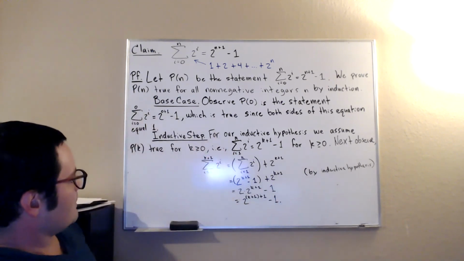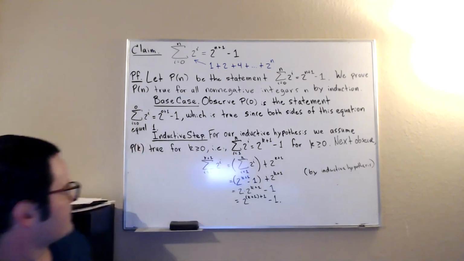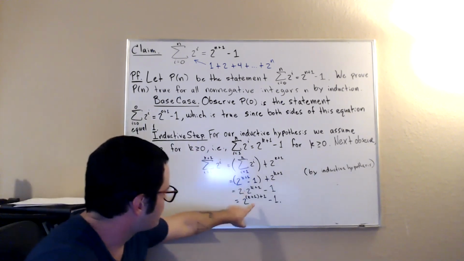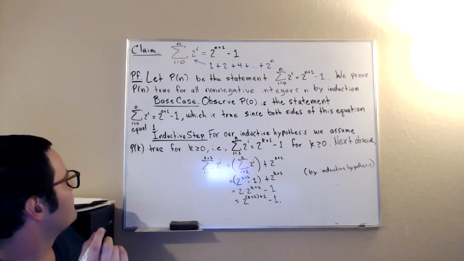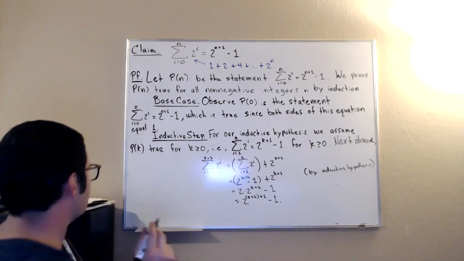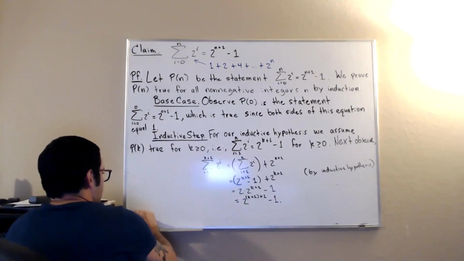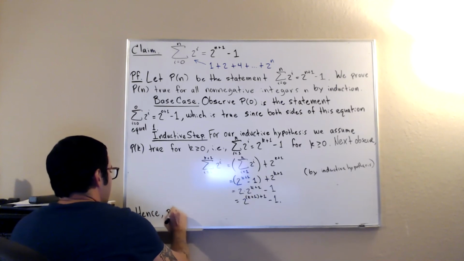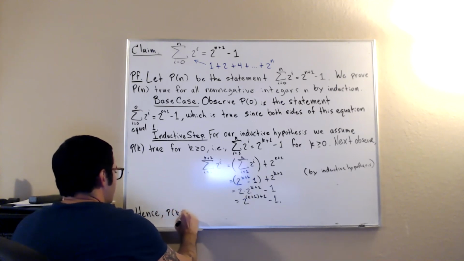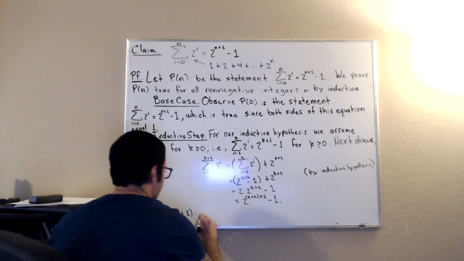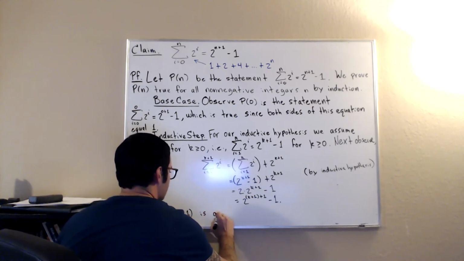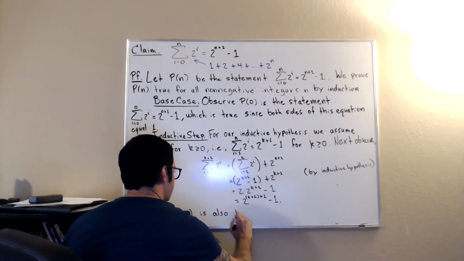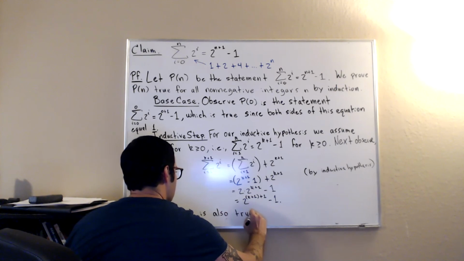And now this right here is the statement P of k plus 1. So hence, P of k plus 1 is also true. And then we're done.